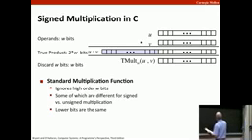So let me just demonstrate that to you. So this is -3. But you remember that this is equivalent to 13 as an unsigned number. And this is -2, which is equivalent to 14 as an unsigned number.